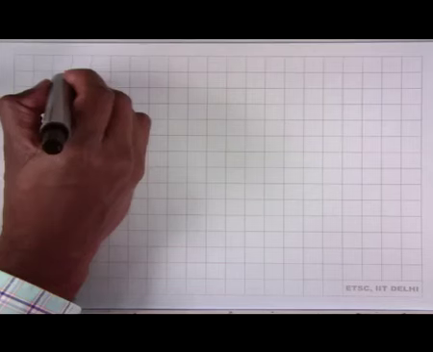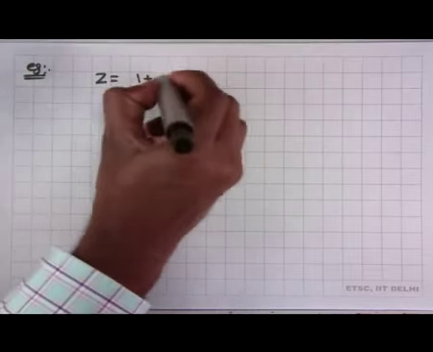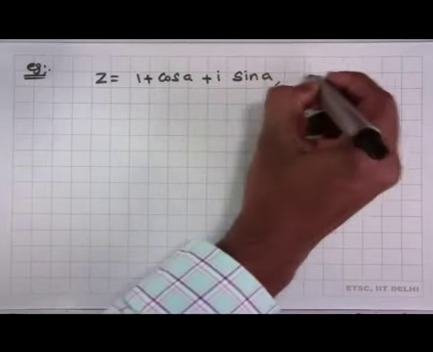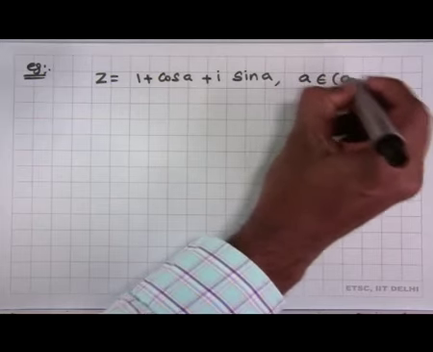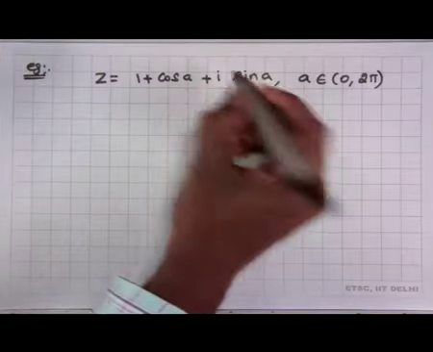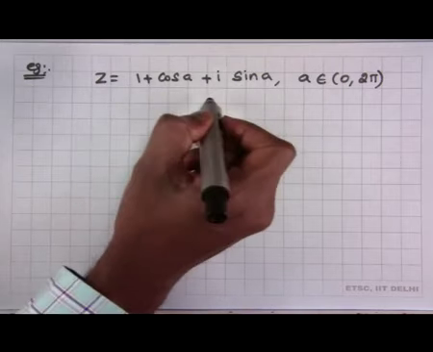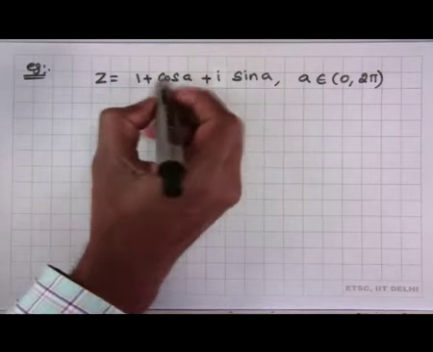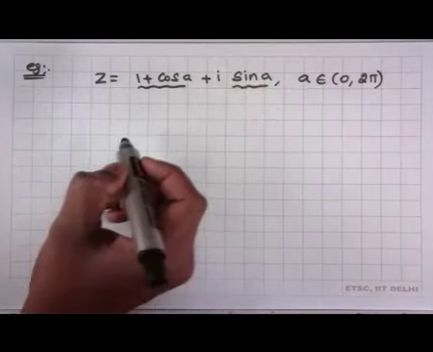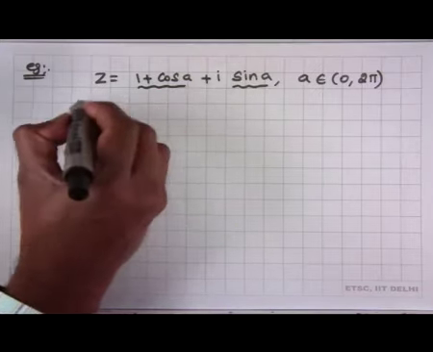Let us do one more example. Suppose we are given a complex number z as 1 plus cos A plus I sin A, where A lies in the interval 0 to 2 pi. Now, we would like to find a polar representation for this complex number. Let us notice that this is not in the polar representation form. So, first calculate r.